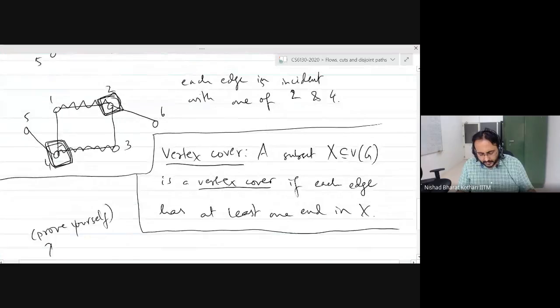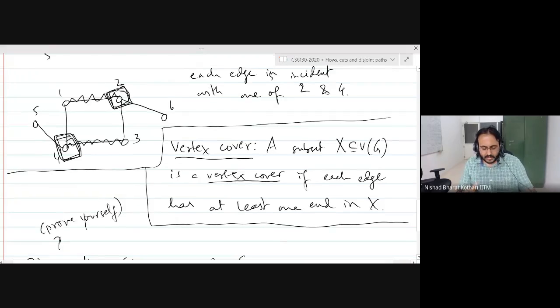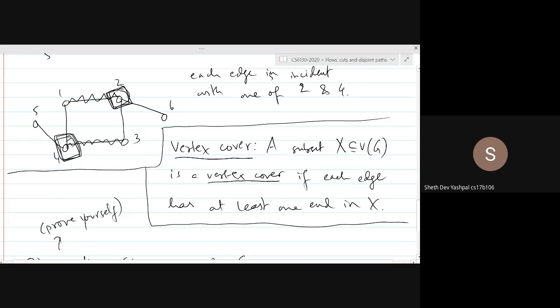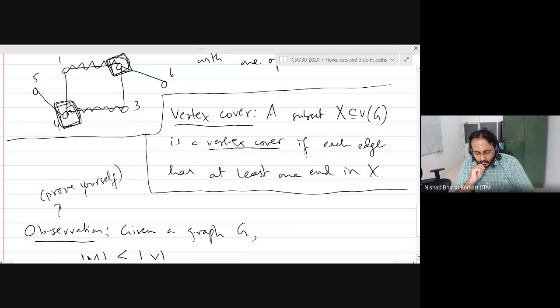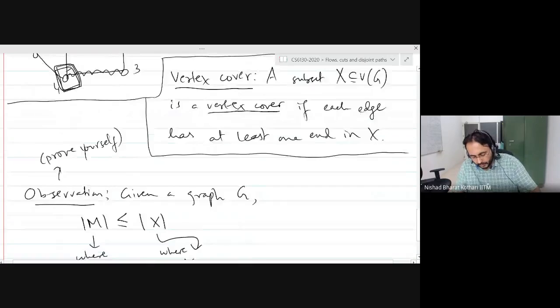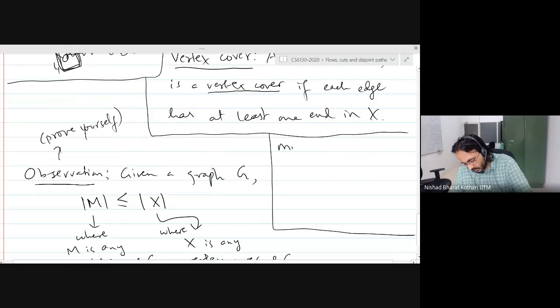Does every graph have a vertex cover? Yes. Why? You can just take all the vertices. The entire set of vertices is a vertex cover, because each edge has at least one end in the entire set of vertices. Okay? So V of G is a vertex cover. So from the vertex cover point of view, the interesting problem is to minimize. So we have a minimization problem.